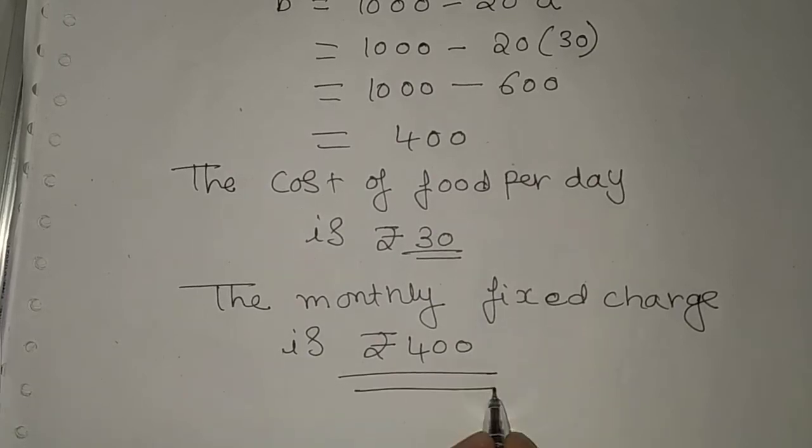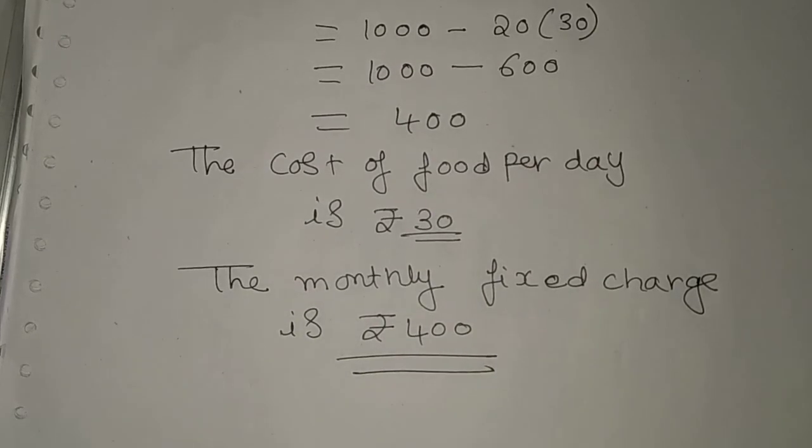So we got both the answers a and b, that is the cost of food per day is rupees 30. The monthly fixed charge is 400. So this is the solution for the third problem and the first problem.